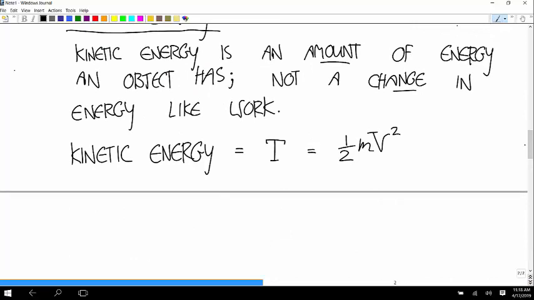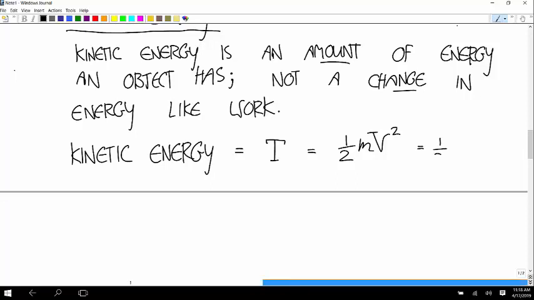And if you have the velocity vector rather than the speed, you can also think of this as 1/2 times the mass times the x component of velocity squared plus the y component of velocity squared. Because of the Pythagorean theorem, the magnitude of the vector is the square root of the sum of the squares.